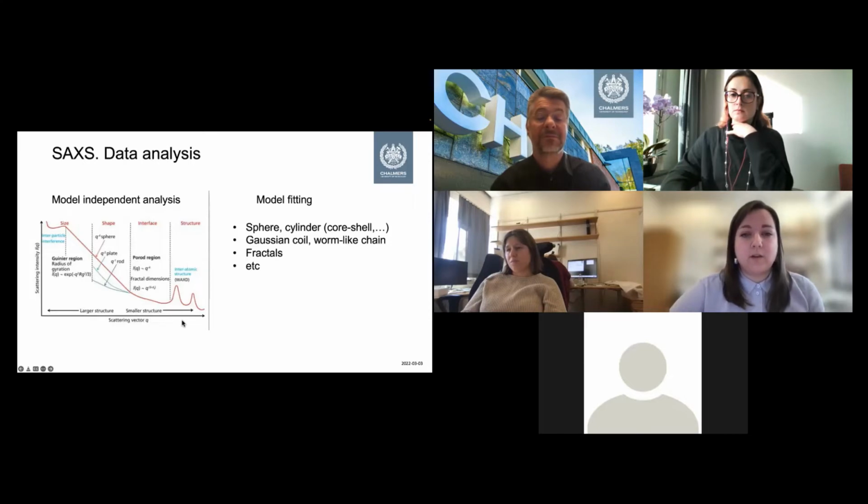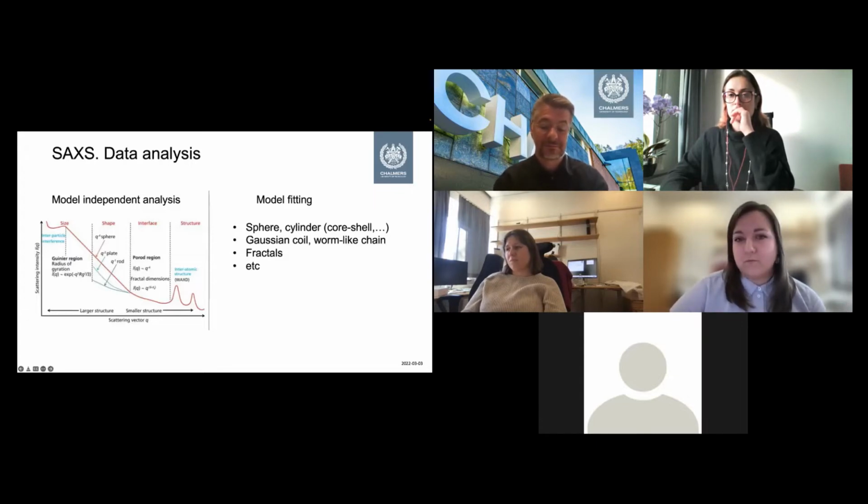So these are all of the things that you can use to get some kind of indication on your structure. From that, you can then go on to model fitting, or if you're satisfied with this analysis, that is also perfectly fine. But if this information is not enough, one could always use models that can be found in different software, or one could also write their own model.